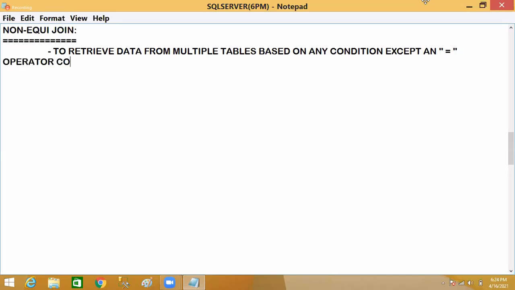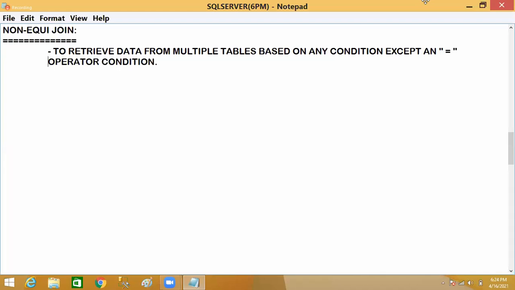So that means you can use any operator, like less than, greater than, AND operator, OR operator, BETWEEN operator, any kind of operators in your non-equi join statement, but don't use the equal operator.